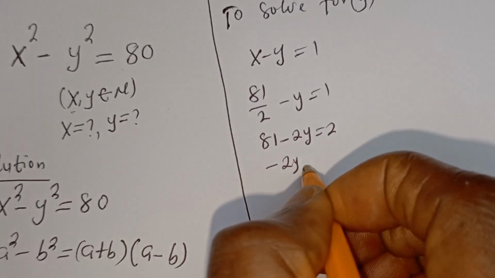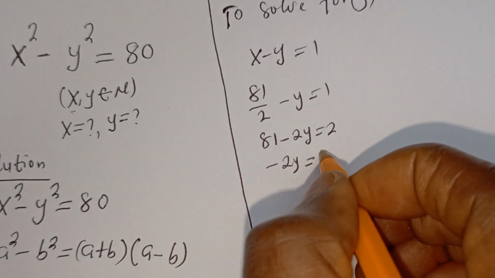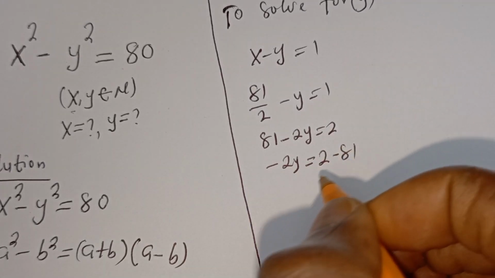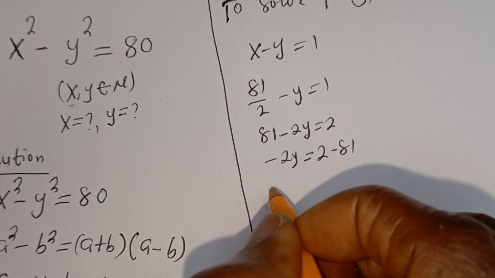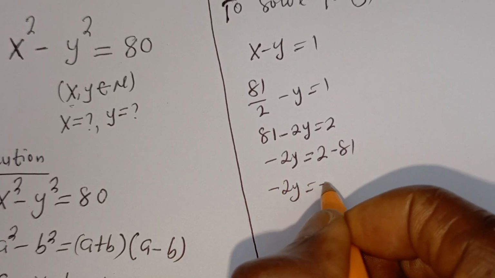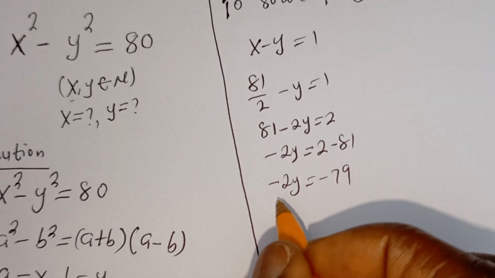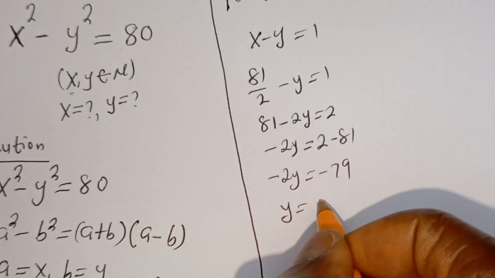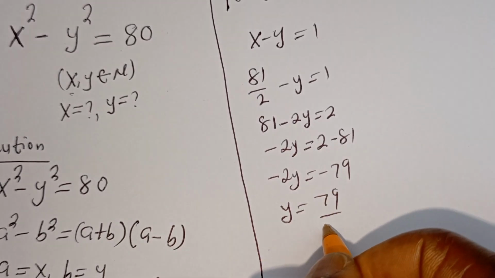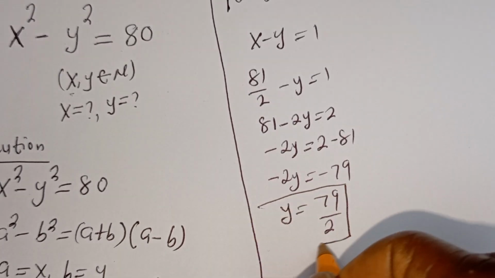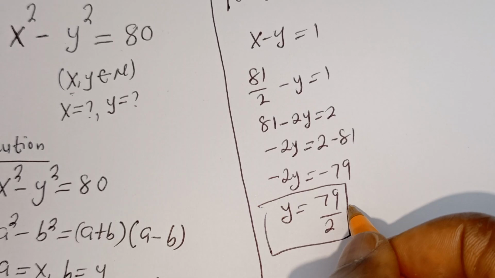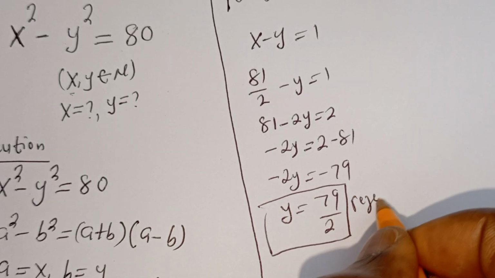Minus 2y is equal to 2 minus 81. Then minus 2y is equal to minus 79. Then y is equal to 79 over 2. This is the value of y and it's not a natural number. It is rejected also.